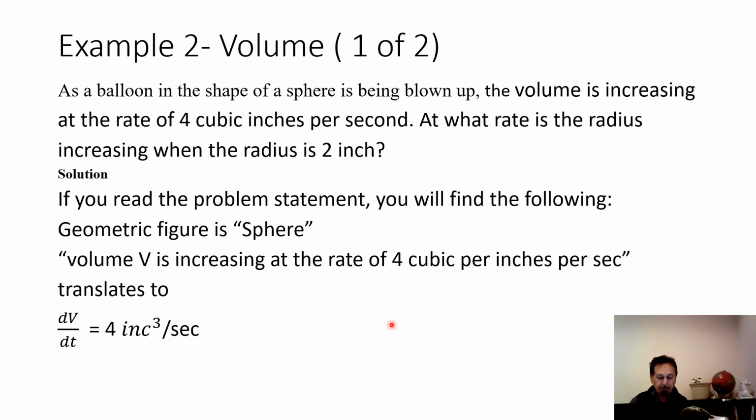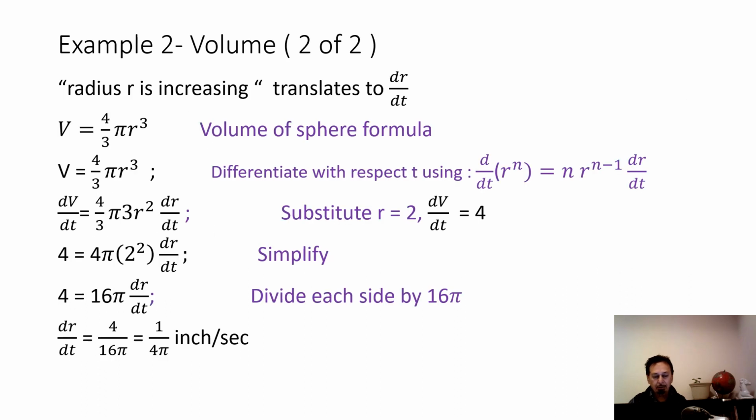So this will translate to dV over dt equals 4 inches cubed per second. A radius r is increasing will translate to dr over dt. Now it's a volume of sphere and the formula is volume V equals 4 over 3 pi r cubed.